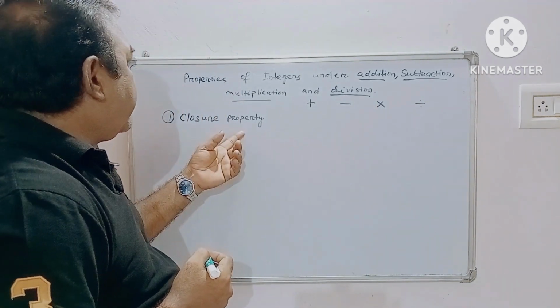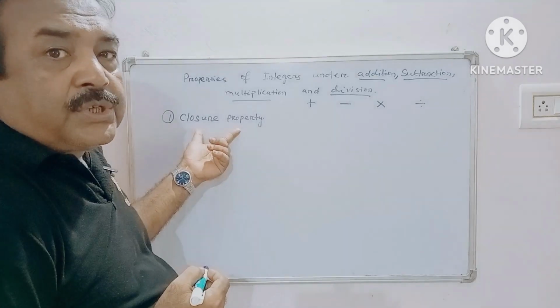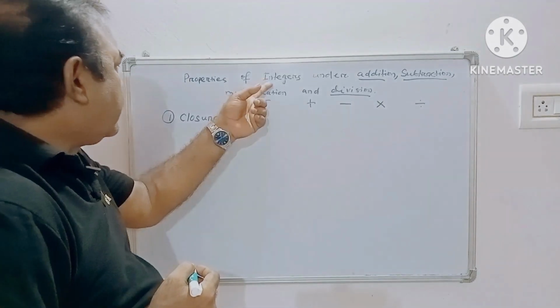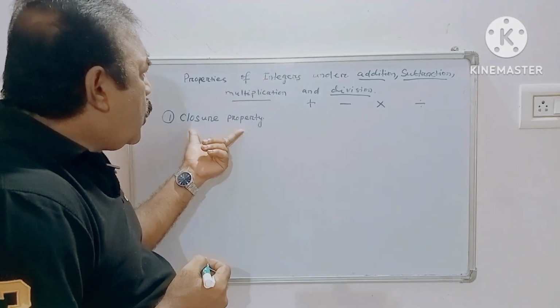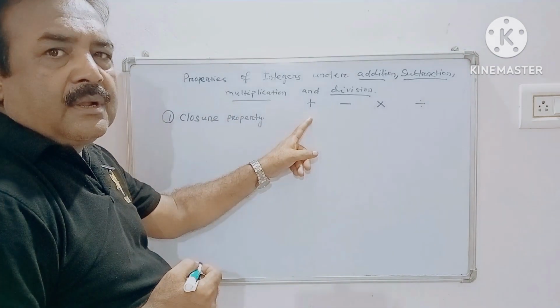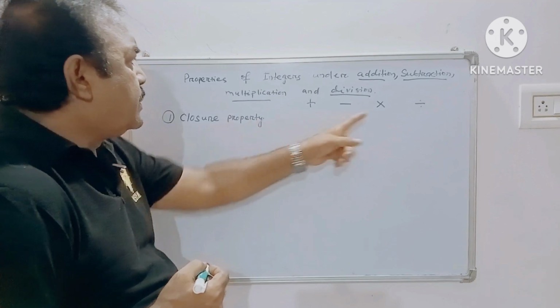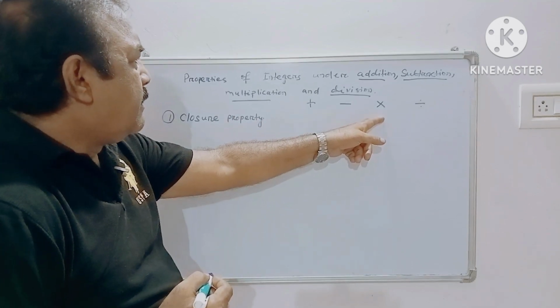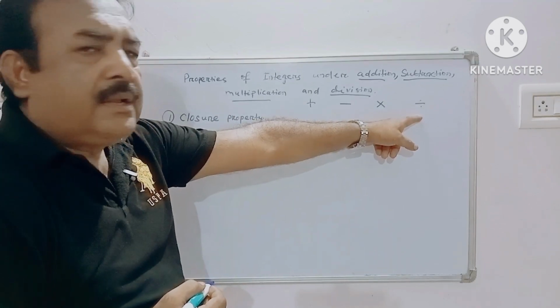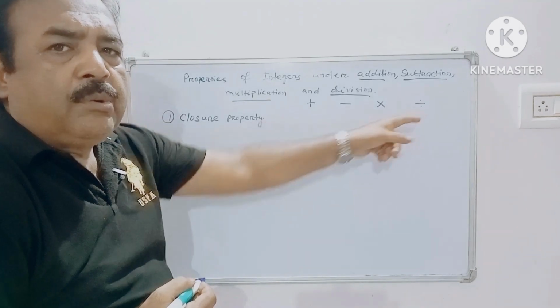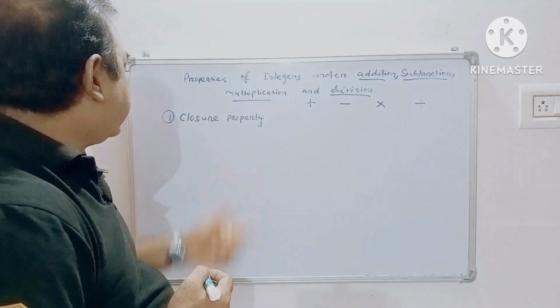So closure property. So what do you mean by closure property? Are the integers closed under addition? Are they closed under subtraction? Are they closed under multiplication and then under division? We will see. So we will check.